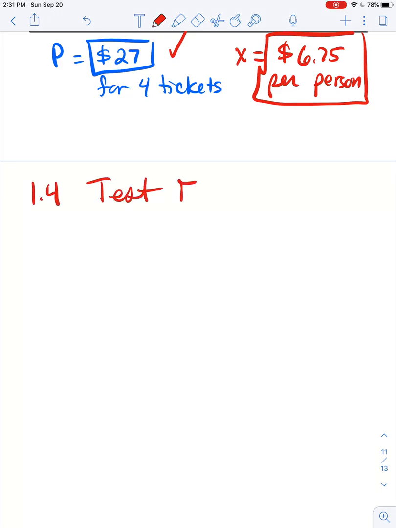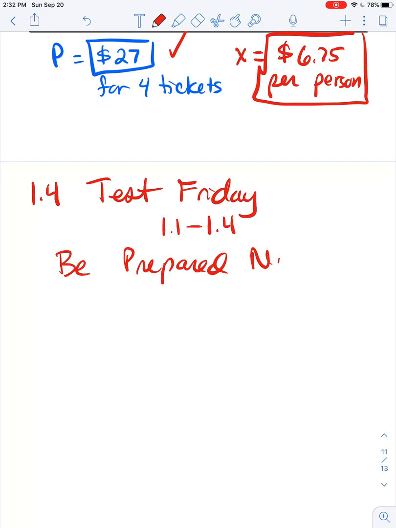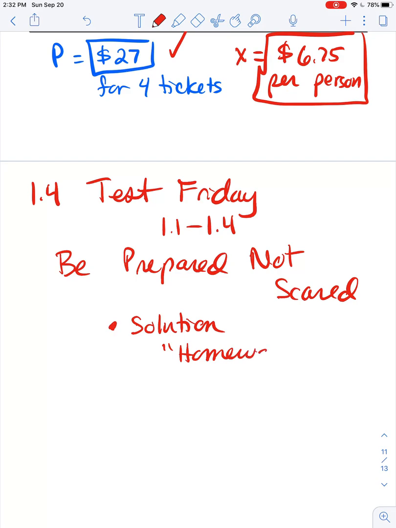Okay, so we are at the 1.4 mark. Keep in mind that there's going to be a test on Friday, which is tomorrow, on 1.1 through 1.4. Like I always say, you want to be prepared, not scared. So how do you do that? Well, I would look back over the solution videos. If you look in each day, they're called homework help. If there's anything you didn't understand, watch the homework help videos.